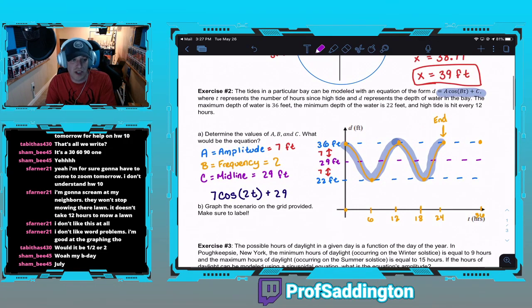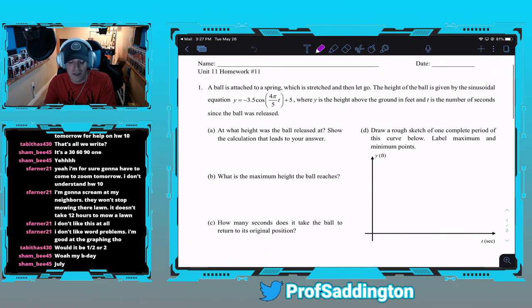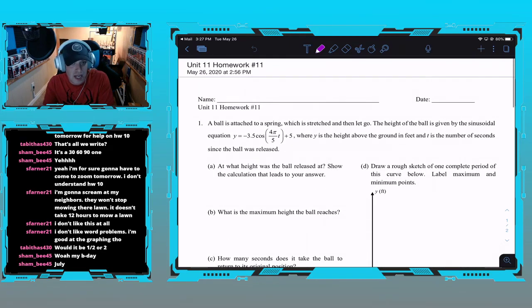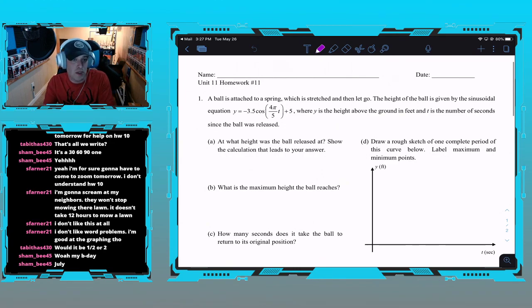There's only 2 questions on the homework. You guys are more than welcome to give it a shot and go through it. Being that they're word problems, I only can do so much to help guide you through them. So take a look at them, read through, see if you can determine your amplitude, your range, your midline.